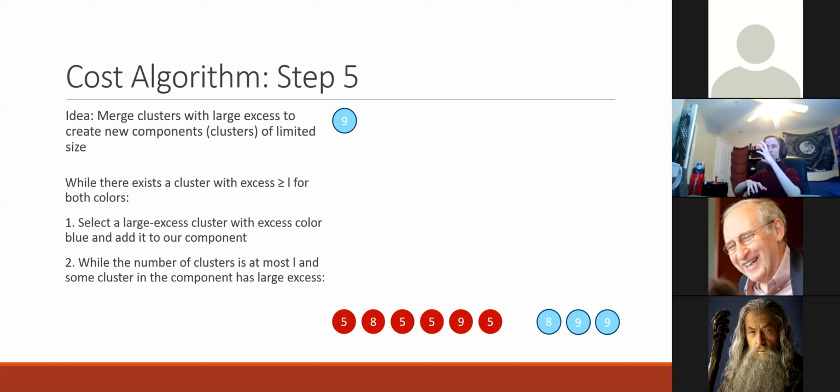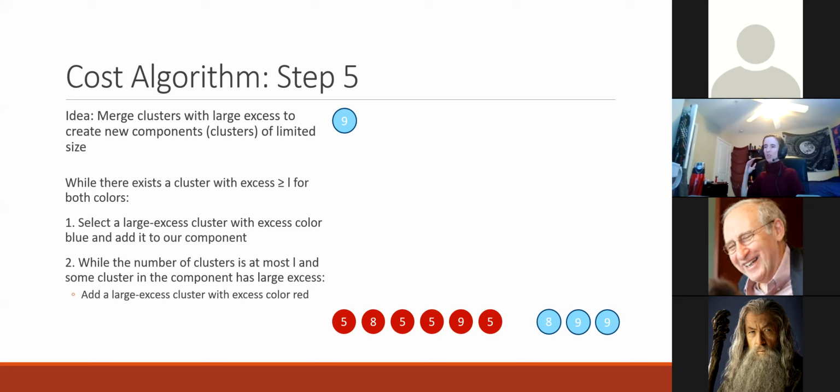Then we're going to do a loop to construct this component. This loop is going to occur as long as the component is not too large, as long as there are at most 4 clusters in the component. And it's also going to only continue as long as one of the clusters in the component has large excess.